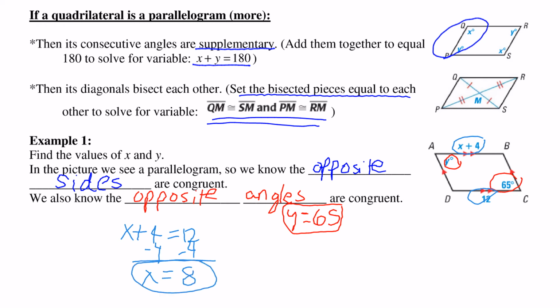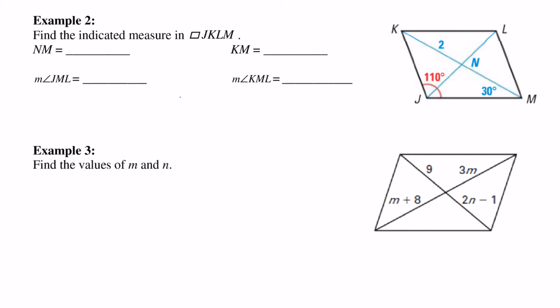All right, so we've got 2 more examples, and then you have the chance for 2 bonus questions at the end that you can solve before you come to class. For example 2, you need to find the indicated measure of parallelogram JKLM. We need to remember that the pieces of our diagonals will be congruent to each other.